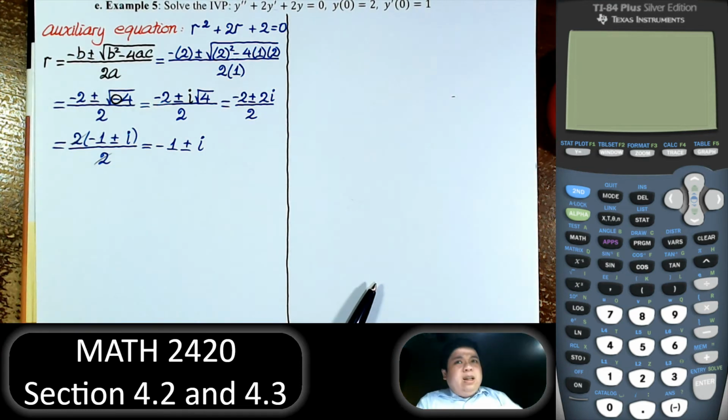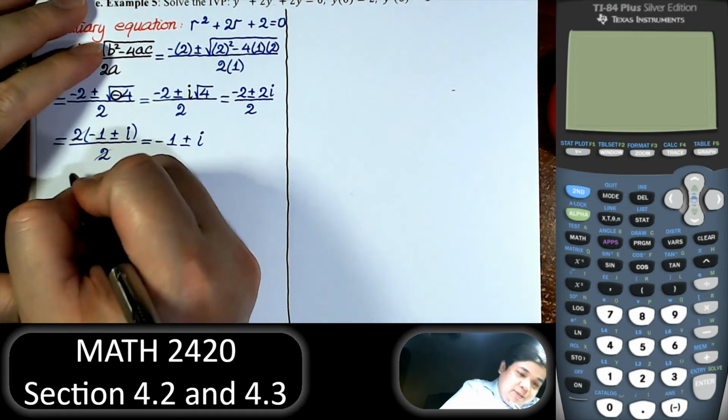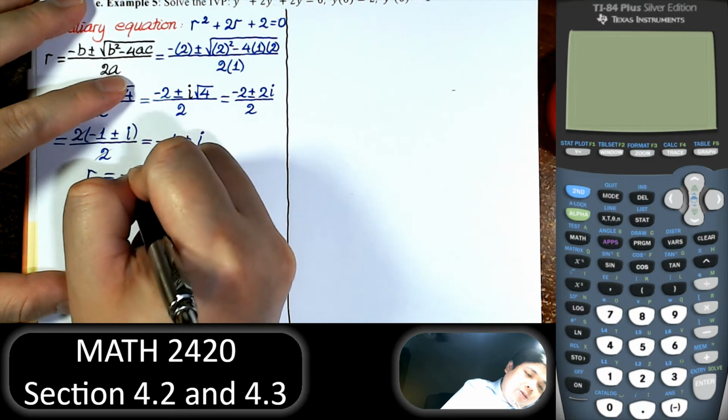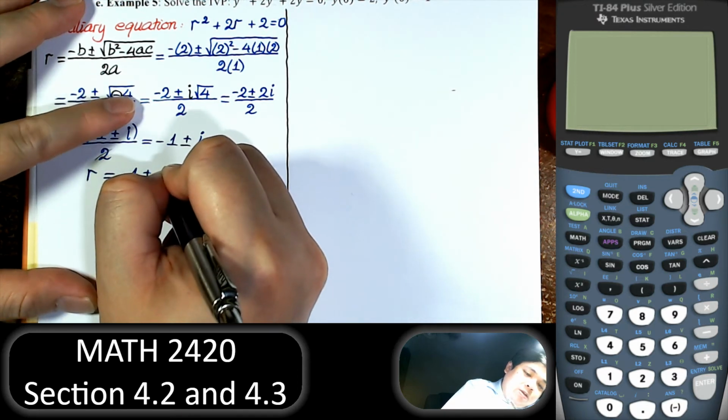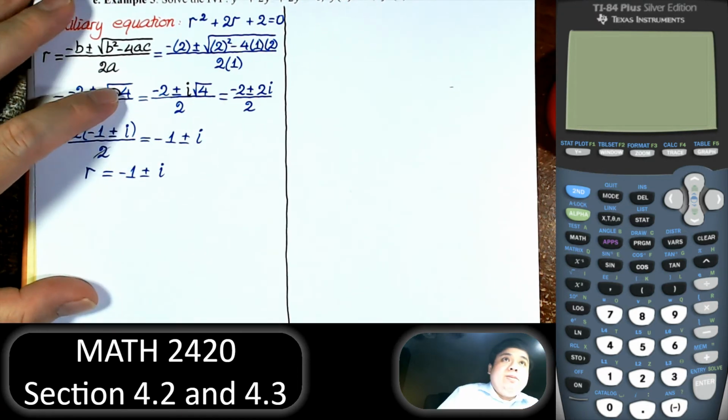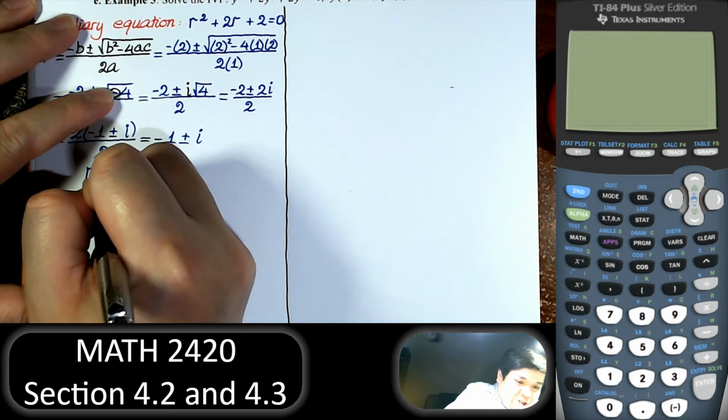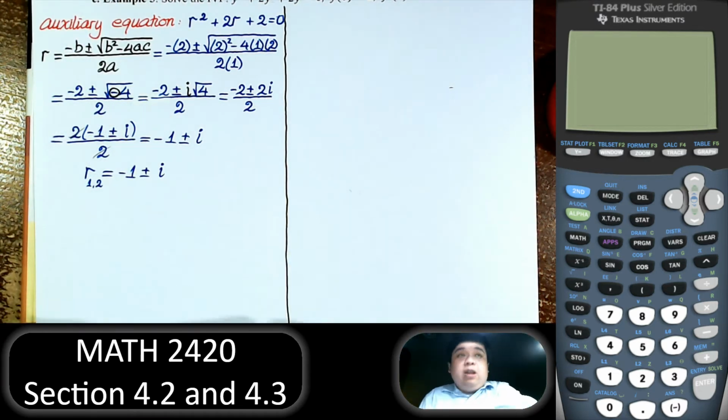So that is the solution: r equal to negative 1 plus or minus i. Right, so that is the solution to the auxiliary equation.